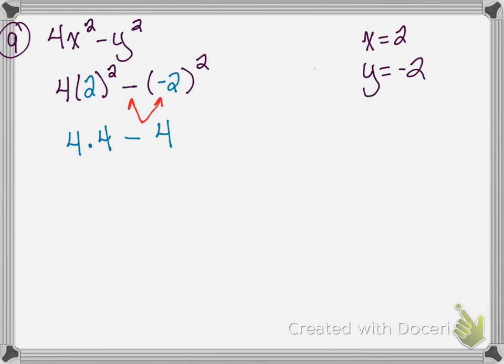So you've got to do that exponent first. So then I get 16 minus 4 is 12. A lot of what I saw on the next 3 problems, students were doing super well.